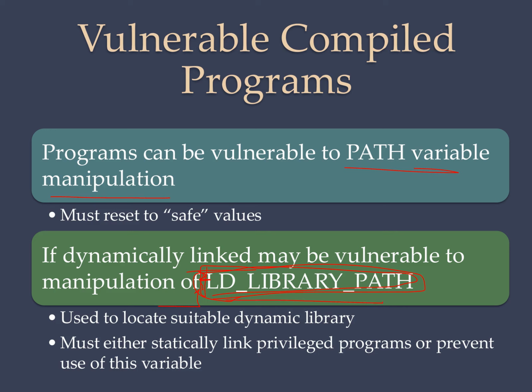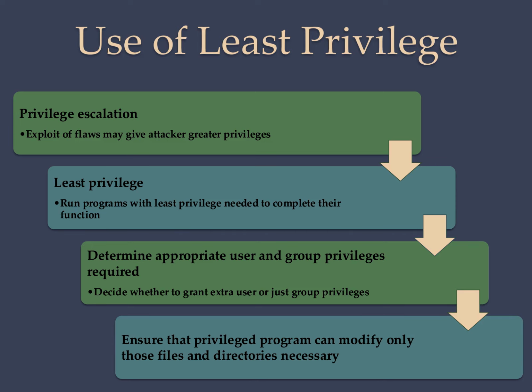So why is this important? Because the program dependencies could be changed. You are actually injecting another, malicious library into the actual running program. That's how privilege escalation starts. In order to prevent privilege escalation, programs run with the least privilege.